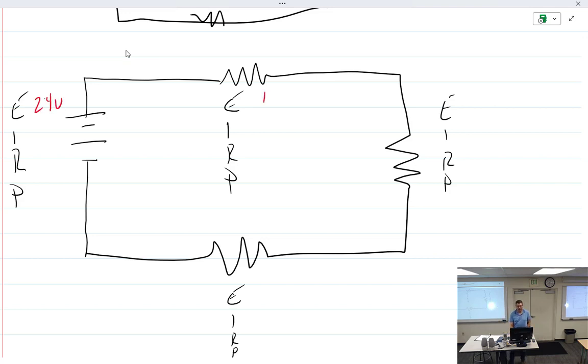We'll do 15 volts here. Half an amp, 0.5, and 8 ohms. Is that 0.05 or 0.5?